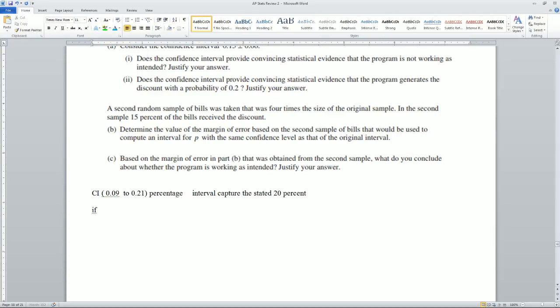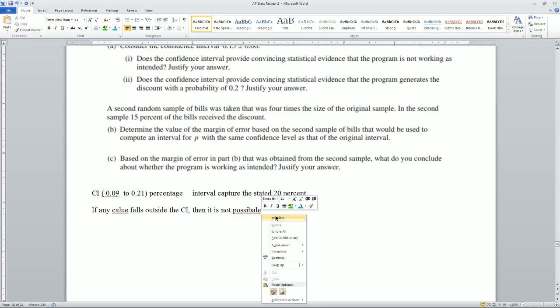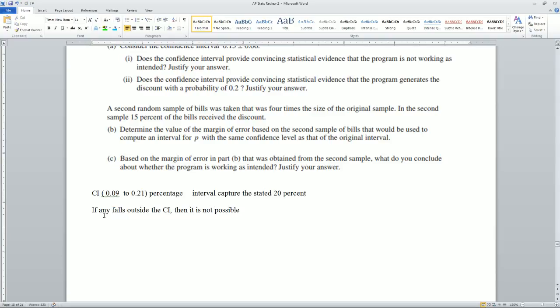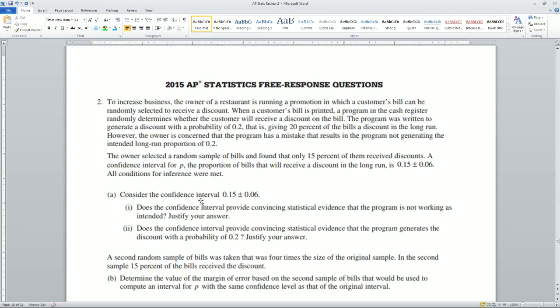If any value falls outside the CI, then it is not possible. Does that make sense? That's what the confidence interval is telling us. The confidence interval is giving us a measurement of things that are possible, right?